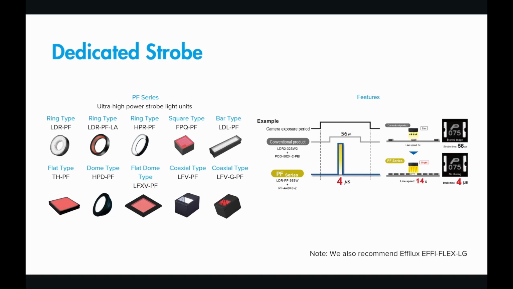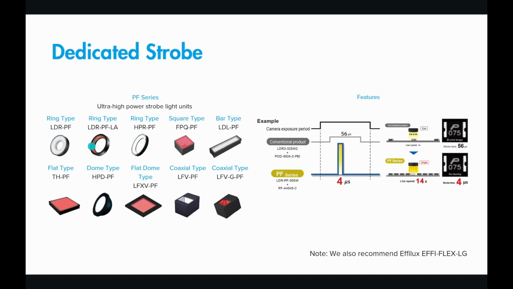Next, we have dedicated strobe lights. So this is for applications that have a very, very short exposure time. You can see here in this example in the catalog, it's got 4 microsecond exposure time. So these are made to flash extremely bright for extremely short pulses. There's a big kind of variety of the lineup.